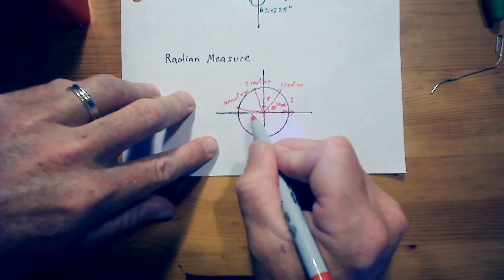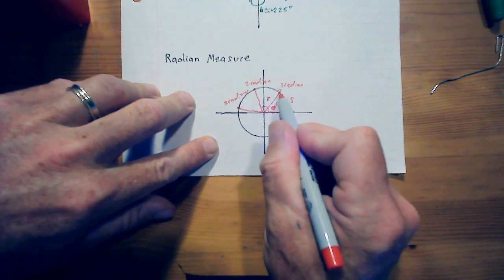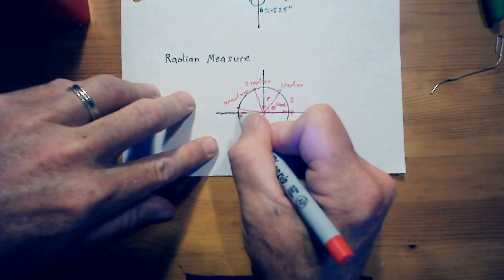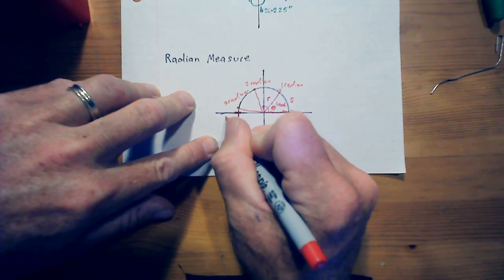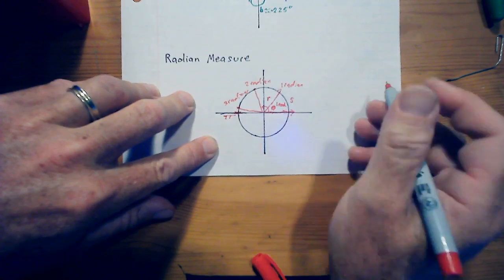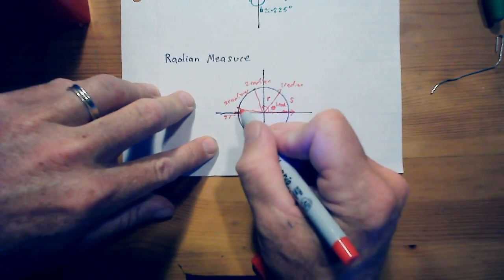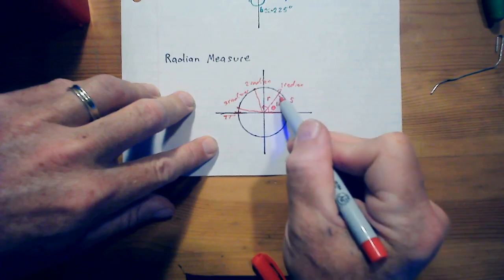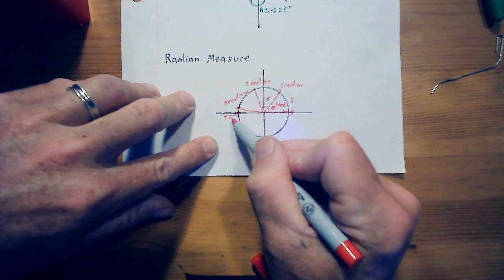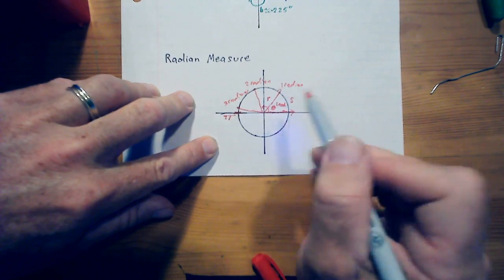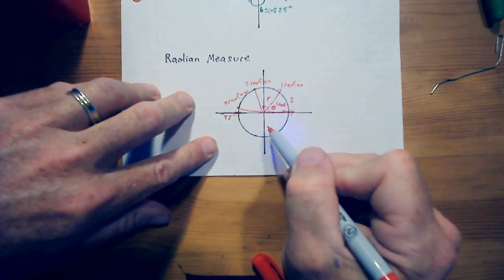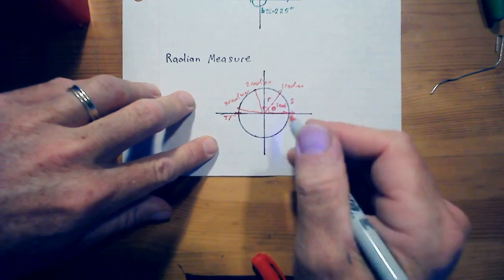3 radians is not 180 degrees. It's not perfect. 1 radian, 2 radians, 3 radians. A little bit more, and that would be, to this point, pi radians. Pi is 3.14. 1, 2, 3, and a little bit more, pi radians right there. That's what we break this circle down into, units of pi.